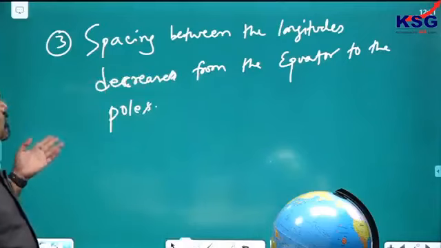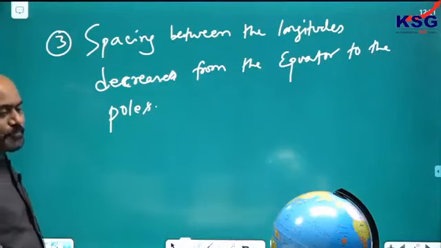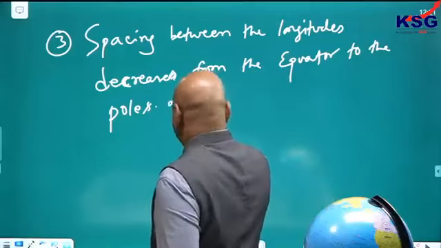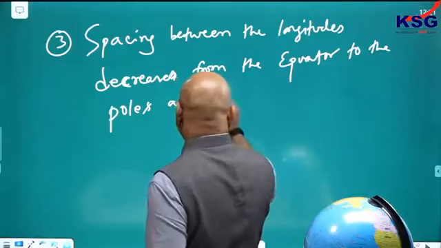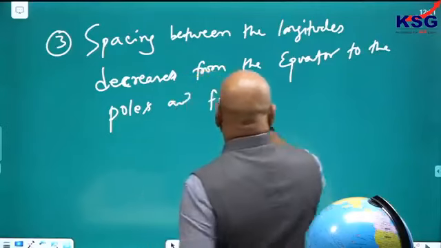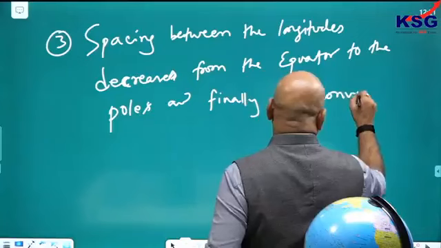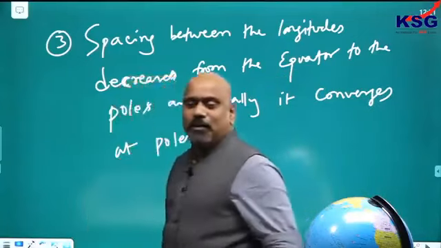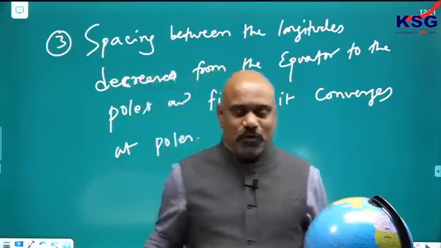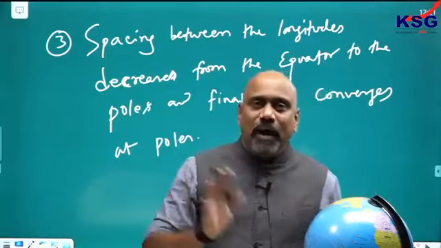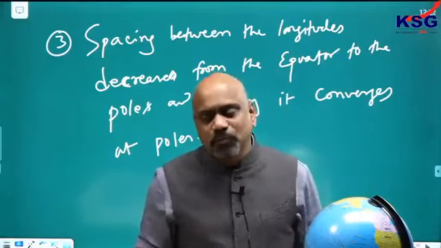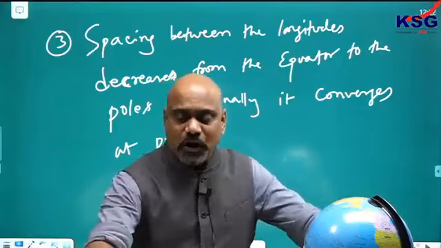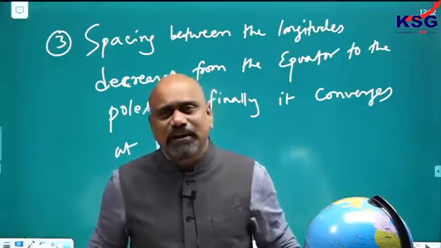And finally, it converges at the poles. All the longitudes are converging at the poles, widely spaced at the equator, converging at the poles.